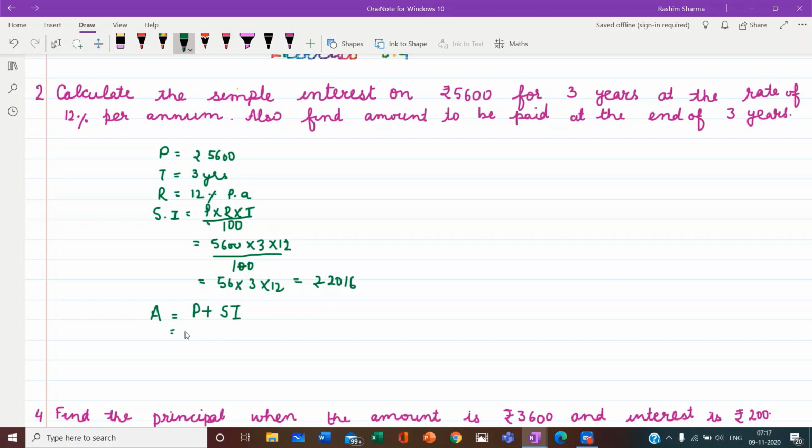So principal is rupees 5600 and simple interest we got is rupees 2016. So when we add, we get 7616. So this is the amount that he has to pay back, that is rupees 7616.